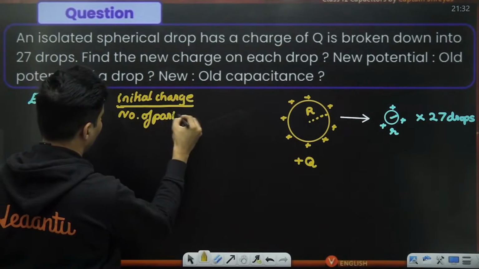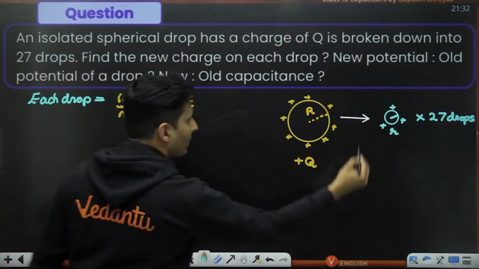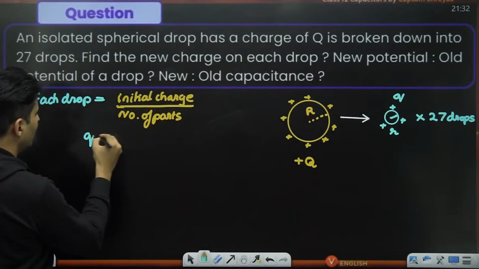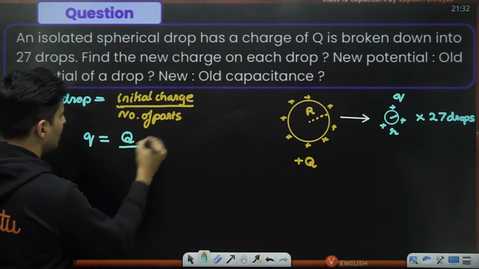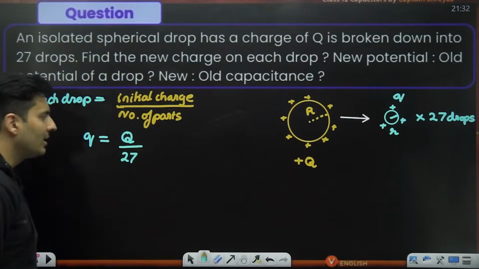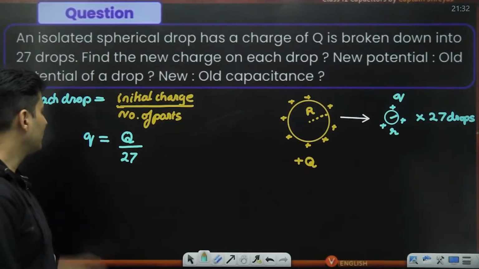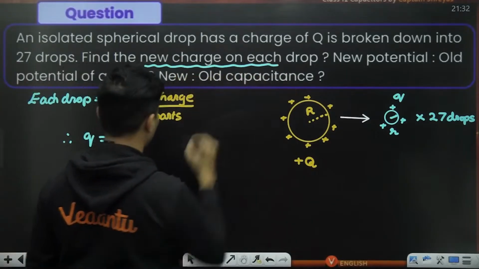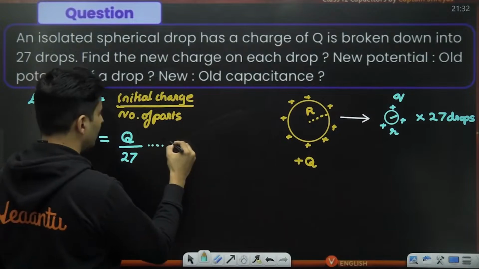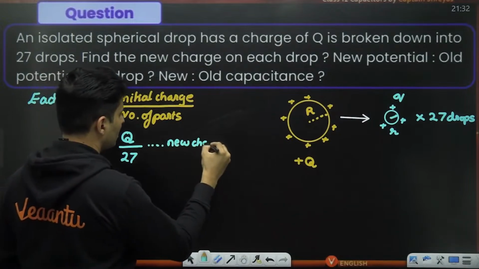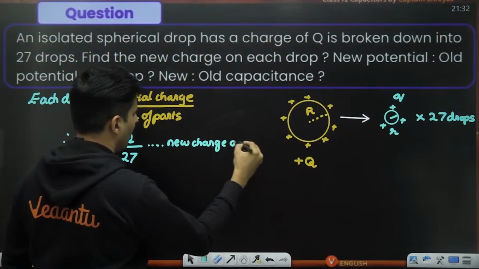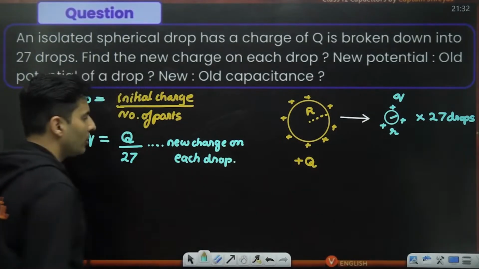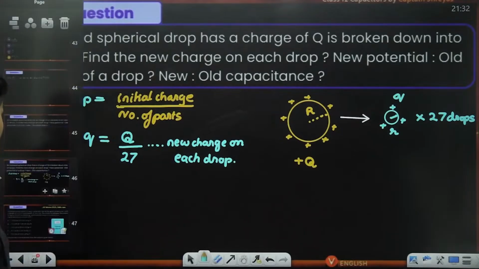So, if each of these has a small charge q, this q will be that original charge divided by the number of parts. So, it will be q by 27. This is basically the new charge on each drop. Okay, so this much is sorted.